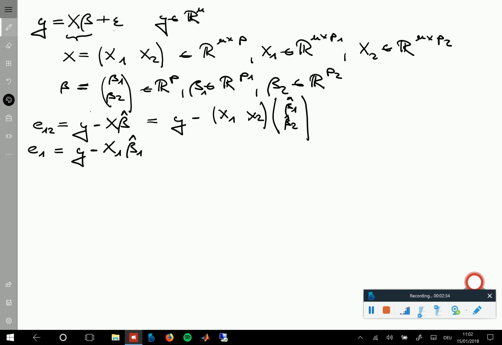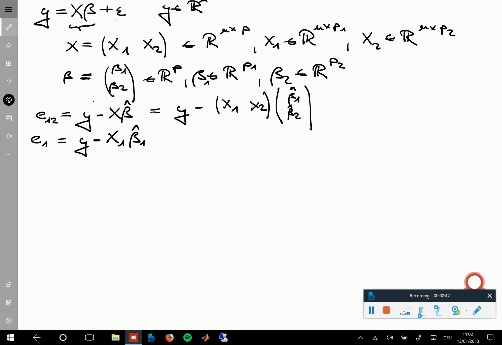Now the F statistic is defined in terms of these residual errors, and it takes the following form. It takes in these residual errors, which must be larger or equal to 0 if the model fit is perfect.